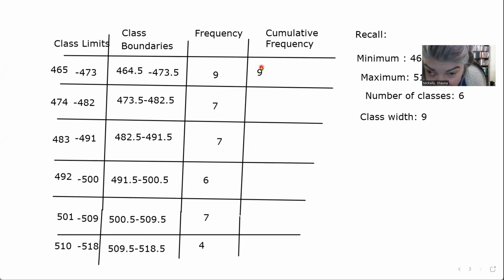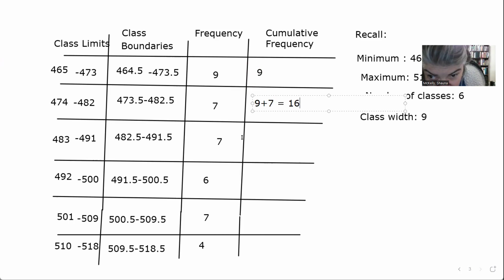Now, to get the next cumulative frequency, you take the cumulative frequency right here and add the frequency below it. So 9 plus 7, and you can show this work. You don't have to show everything all the way down, I will here for the sake of clarity, but you do need to show the first so you know how you got it. 16.